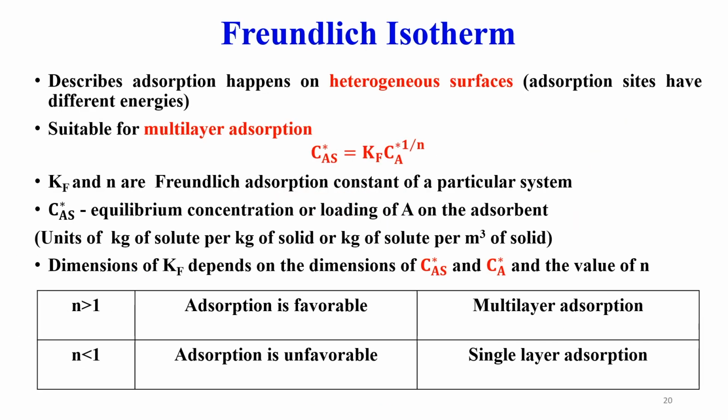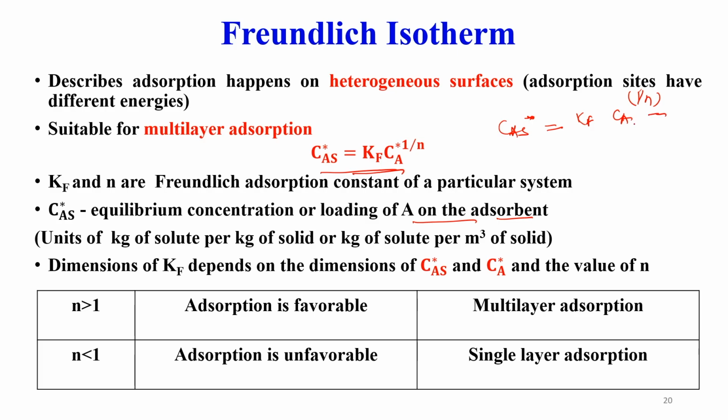Next, commonly employed is the Freundlich isotherm. This is an empirical relation; it does not have any theoretical basis. It says the equilibrium concentration of loading of A on the adsorbent, CAS, is proportional to the concentration Ca in the bulk at equilibrium to the power 1 upon n, and the proportionality constant is Kf, the Freundlich constant.